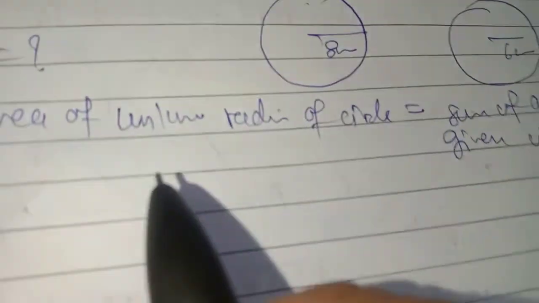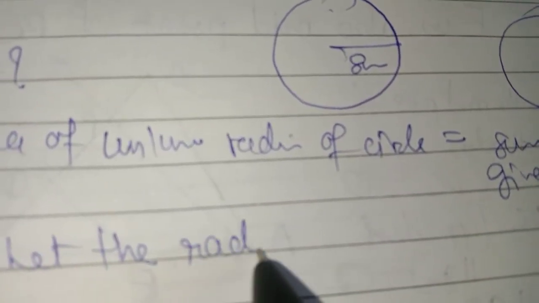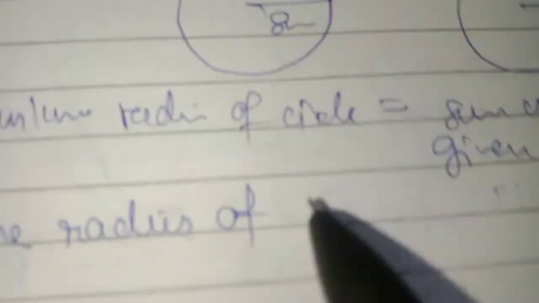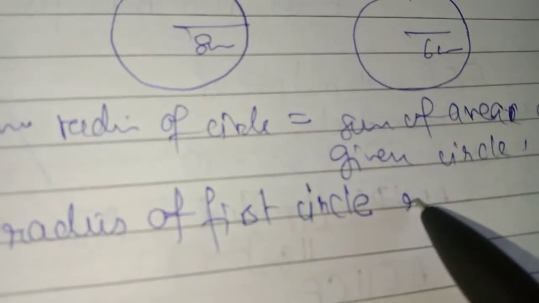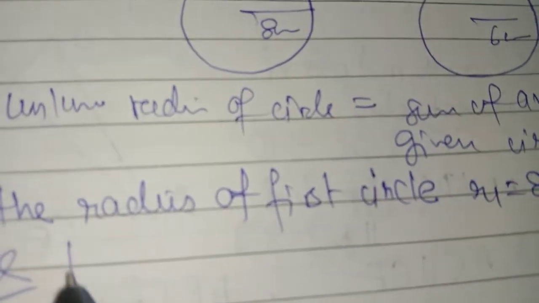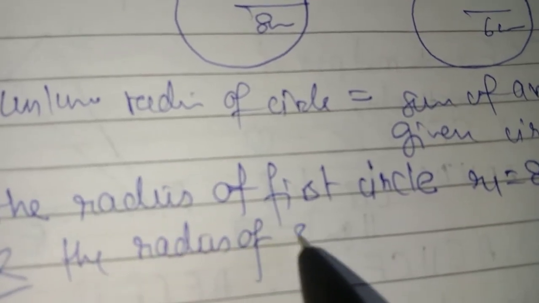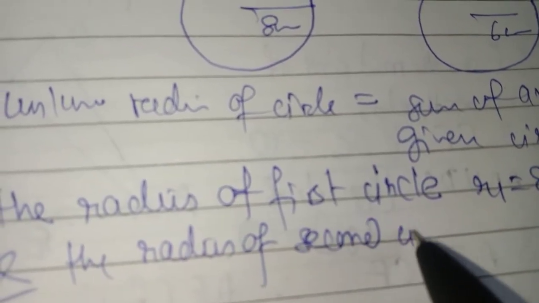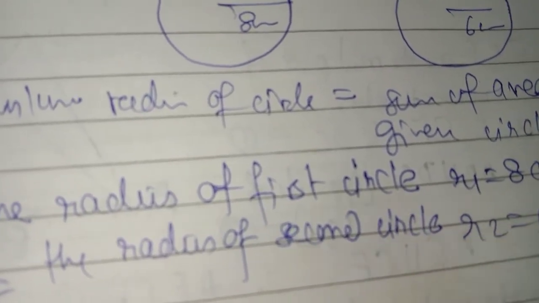So let the radius of first circle, once again, r1 is equal to 8 centimeter and the radius of second circle r2 is equal to 6 centimeter.